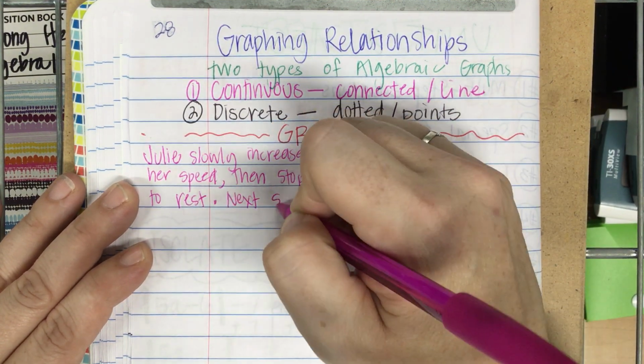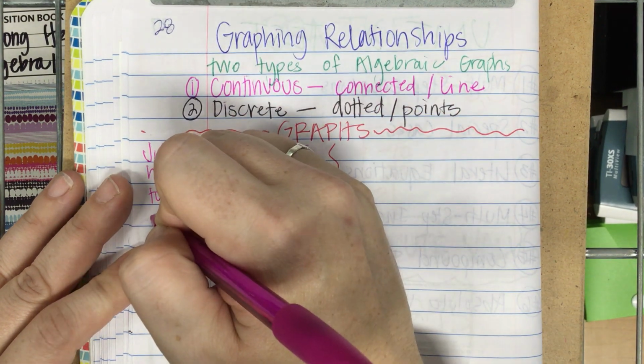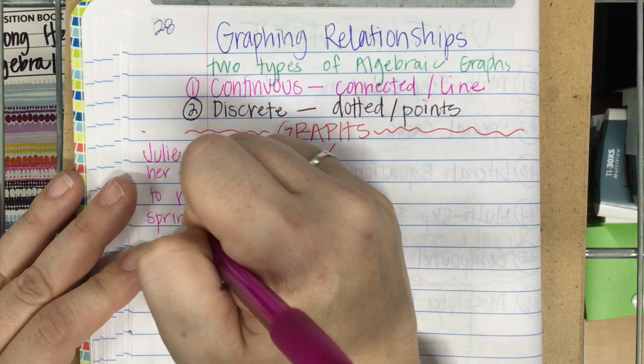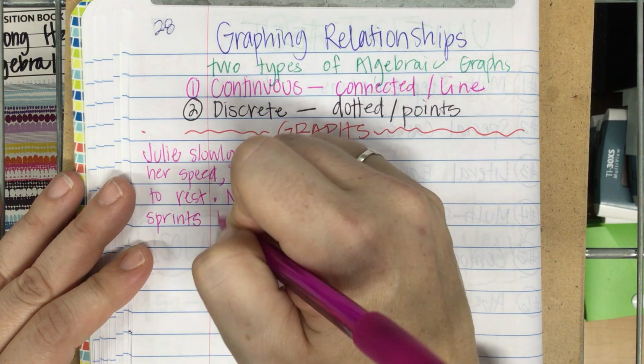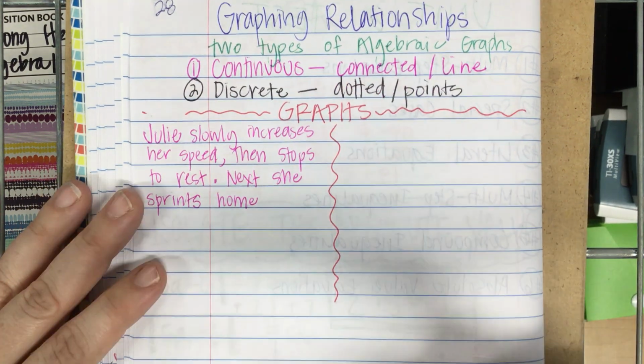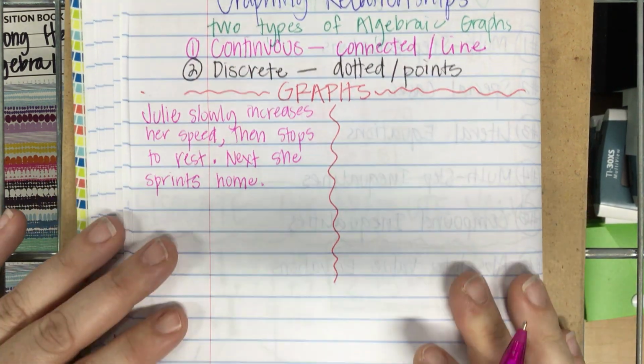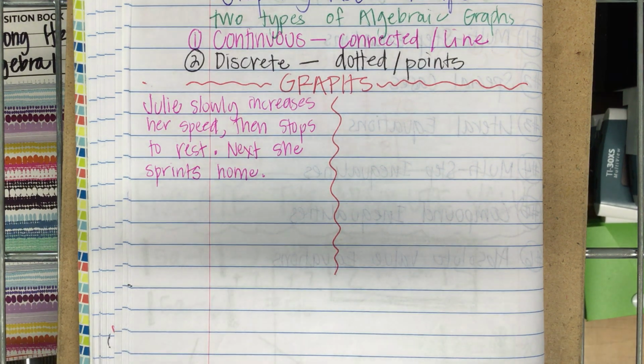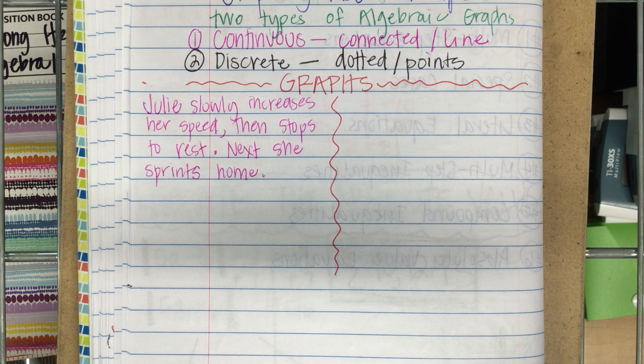Next, she sprints home. So if we're talking about her distance from home, this is her jog, her exercise routine. She starts at her house and she ends at her house.